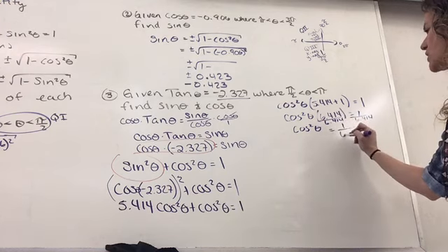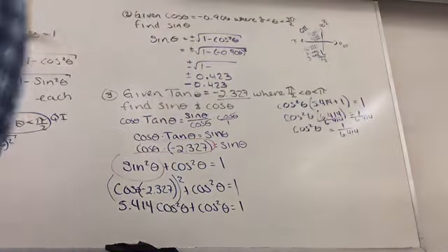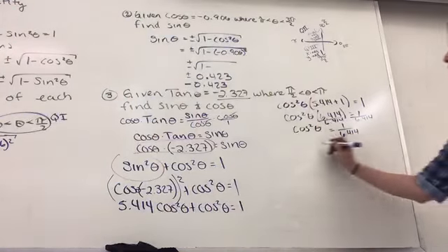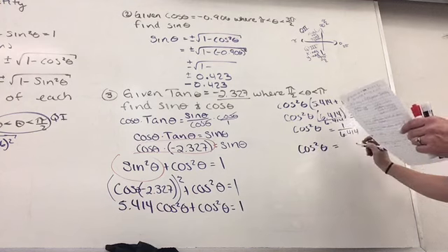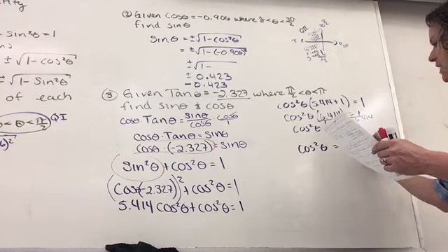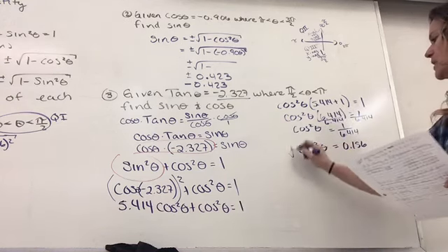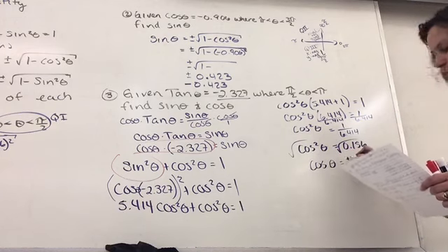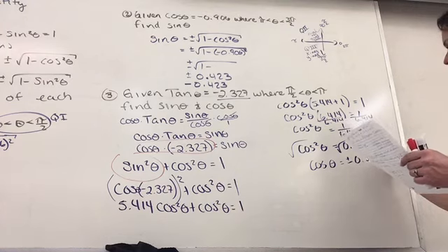So that gives me 1 over 6.414. Now, to get cosine of theta, we actually have to square root it. So here I get the cosine squared theta ends up being equal to 0.156, and then you square root both sides. So I get the cosine of theta is equal to plus or minus 0.395.